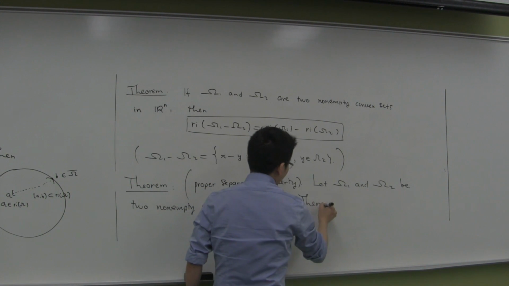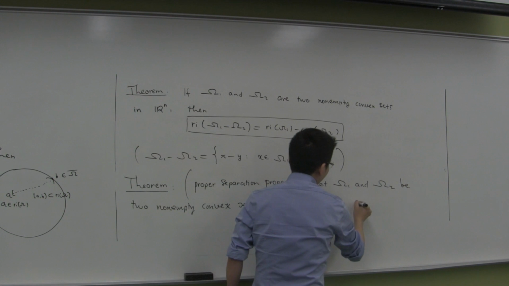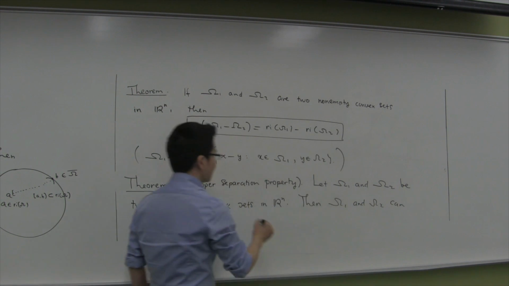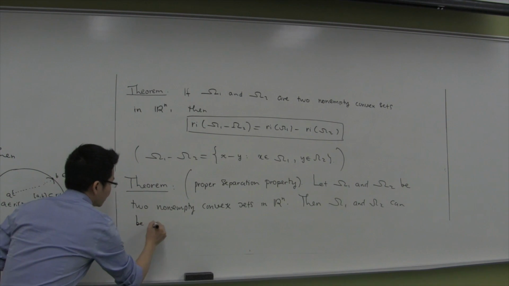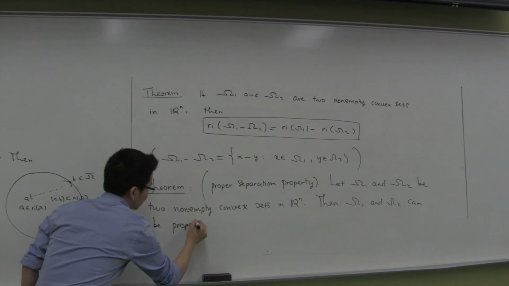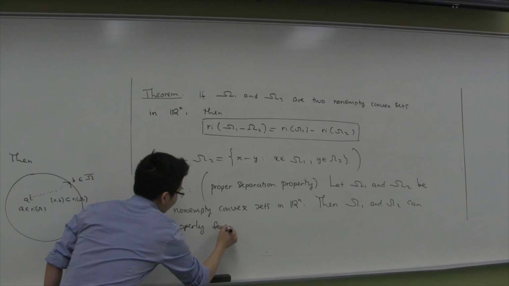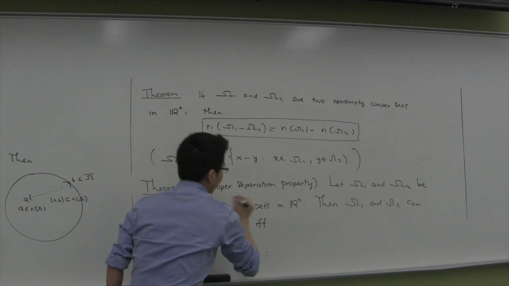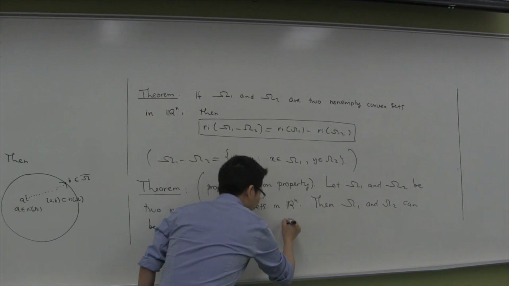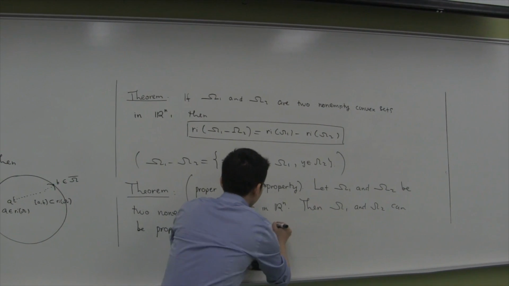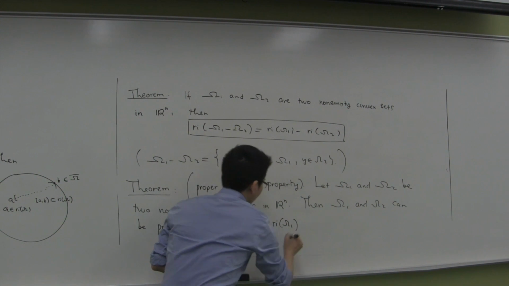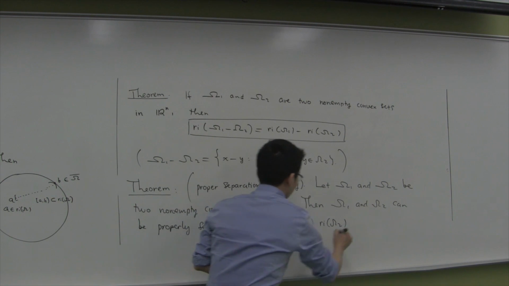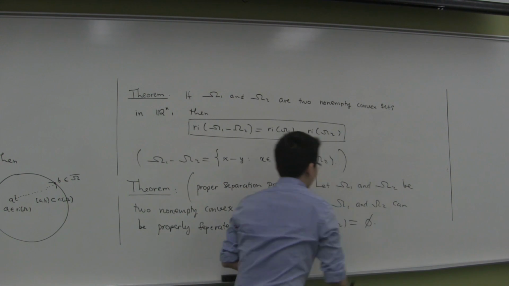Then omega 1 and omega 2 can be properly separated if and only if the intersection of the relative interior of omega 1 and the relative interior of omega 2 is equal to the empty set.